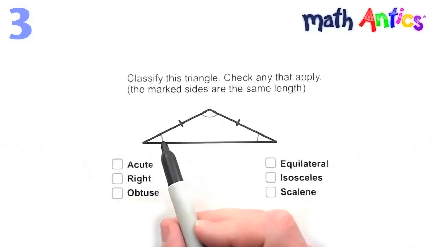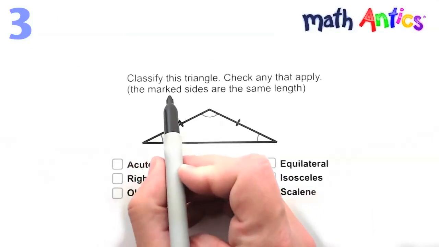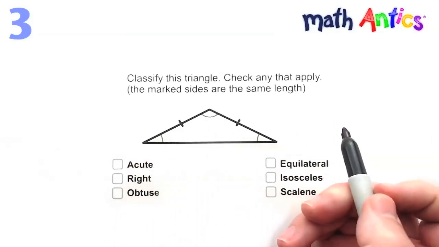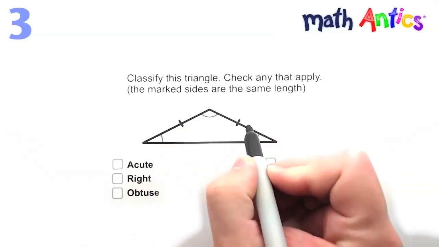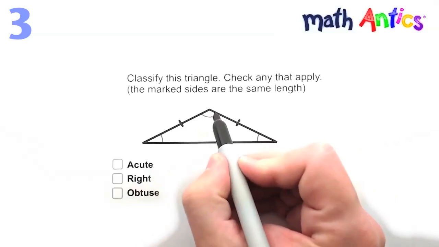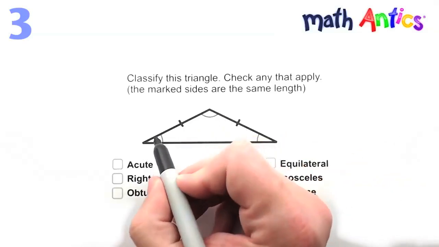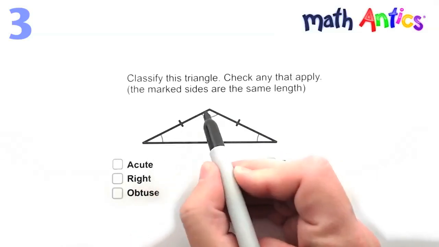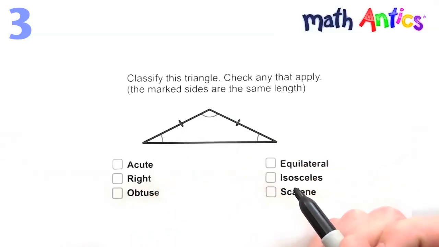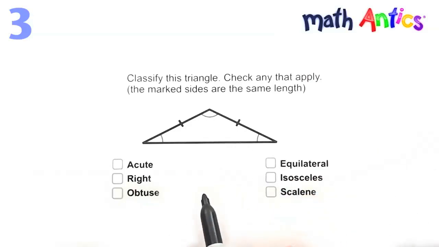And now we need to classify this triangle. And our instructions tell us that the marked sides are the same length. The marked sides that it's talking about are these marks right here. Those marks on the edges of a triangle show that those edges are the same length. And so this triangle has two edges that are the same length, and hopefully you remember from the video that a triangle with two edges that are the same length is an isosceles triangle.